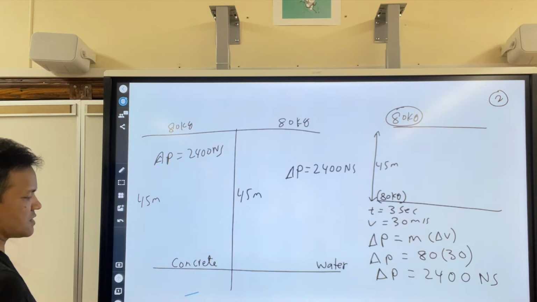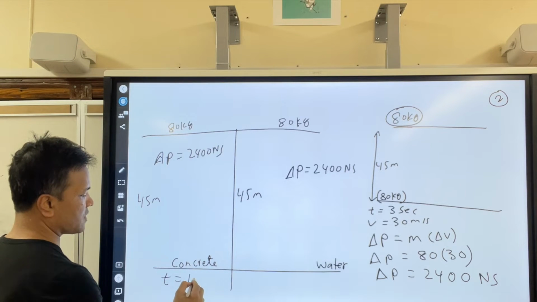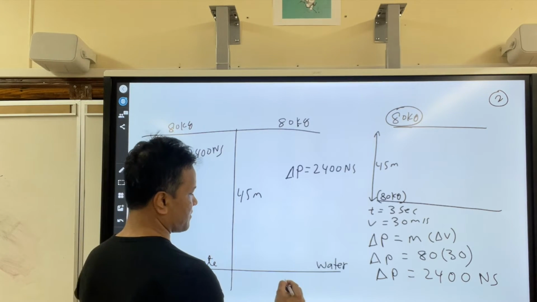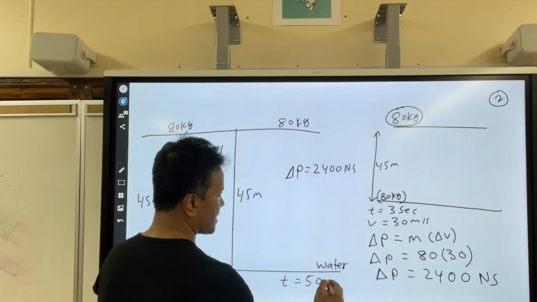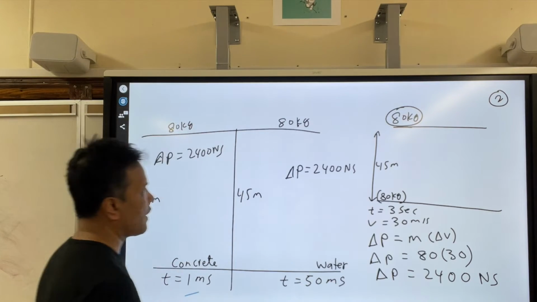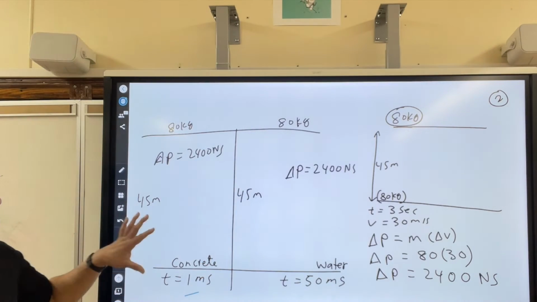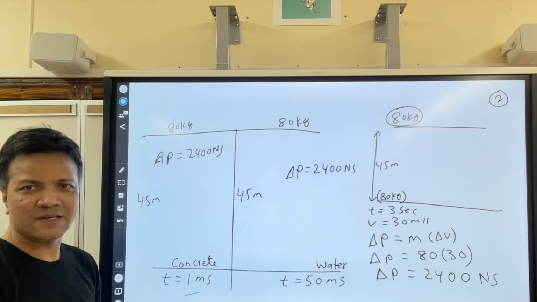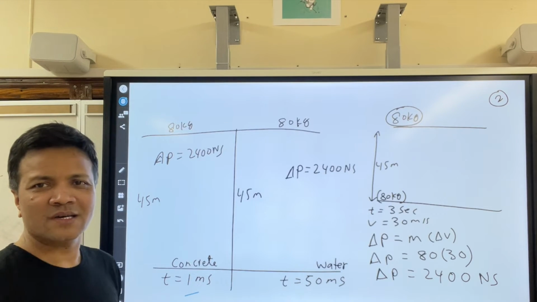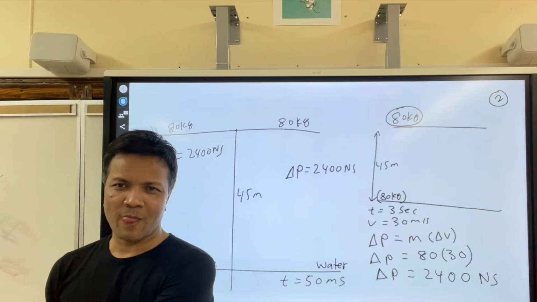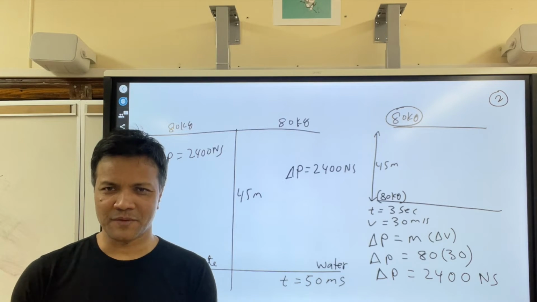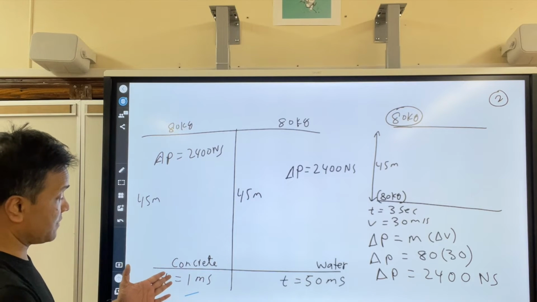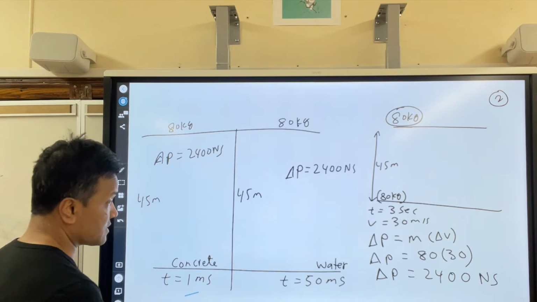Concrete, how long does it take? It takes 1 millisecond. Water impact time is 50 milliseconds. So the concrete one would be 50 times as bad. Okay, let's see whether that's true.